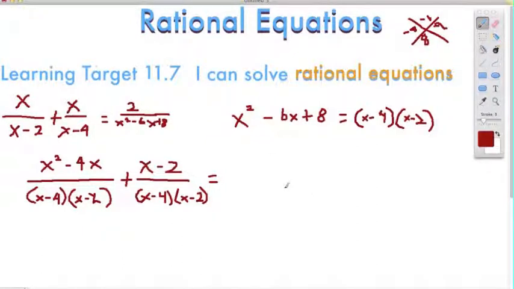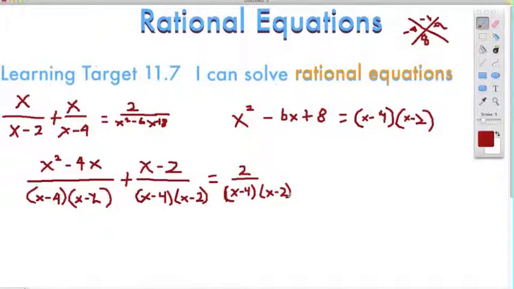So the top is going to stay the same, which is going to be 2, and the bottom is simply going to be factored out, which is going to be x minus 4 times x minus 2. I got carried away. Okay, so now we have that.